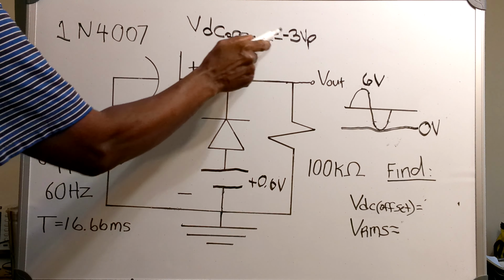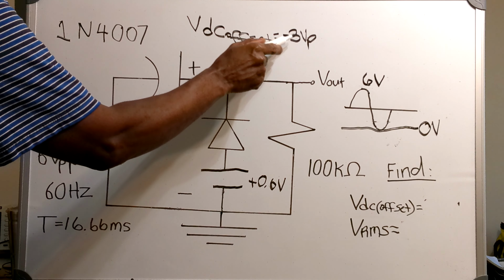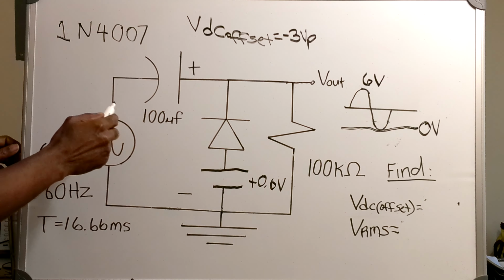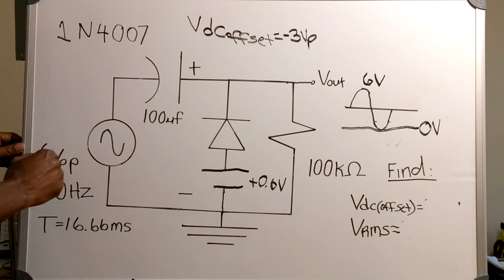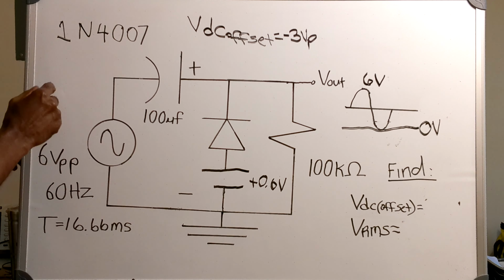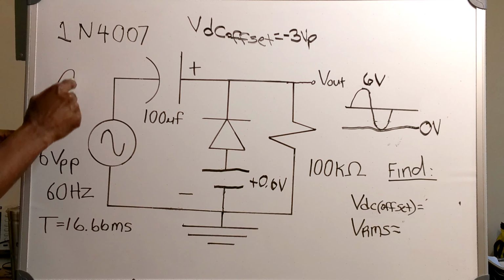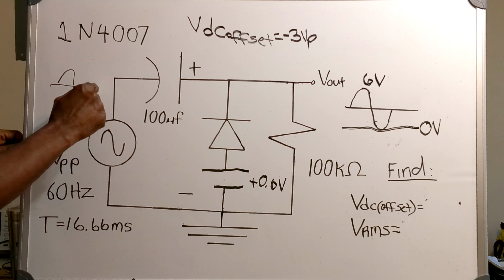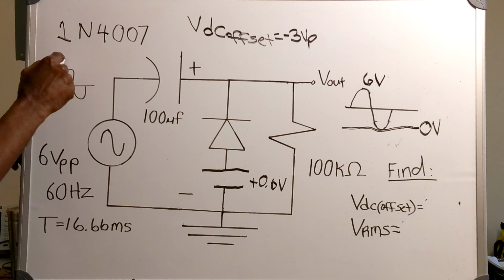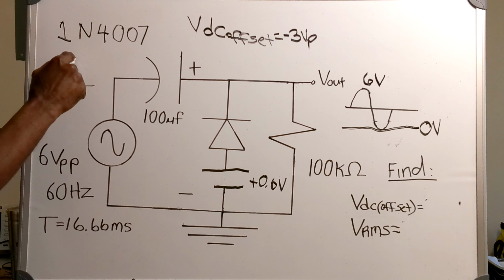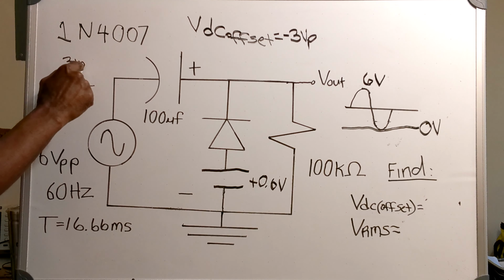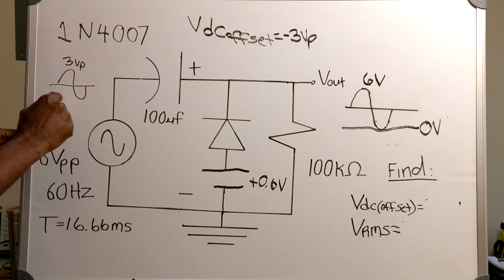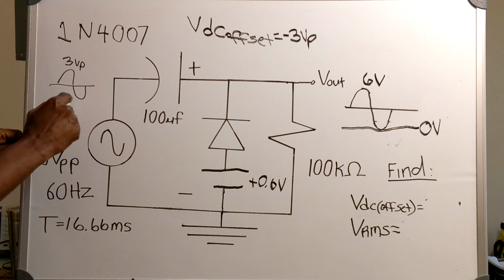Now, where am I getting this minus 3 from? The input voltage is 6 volts peak to peak. And on the input voltage, you have a plus 3 volts peak and a minus 3 volts peak.